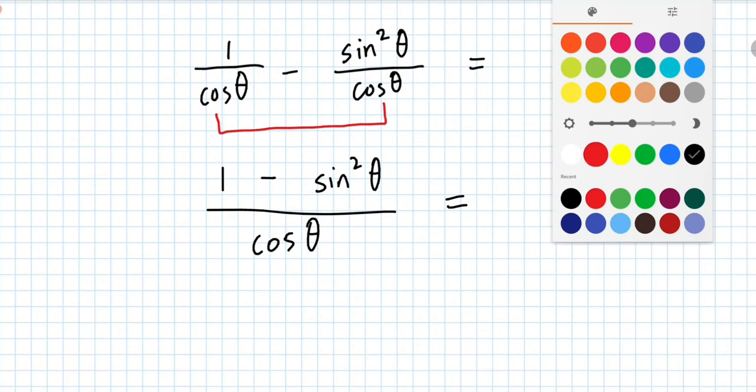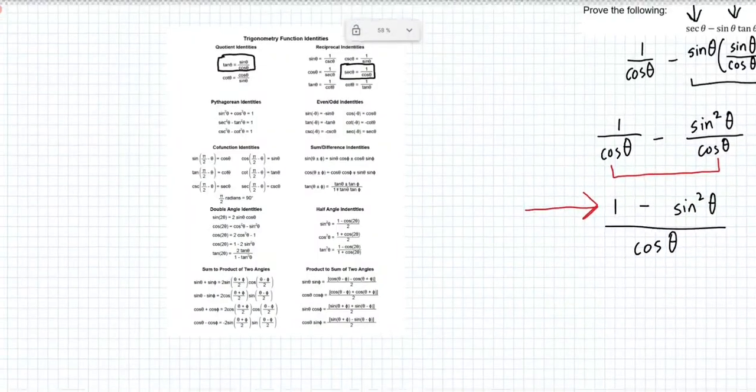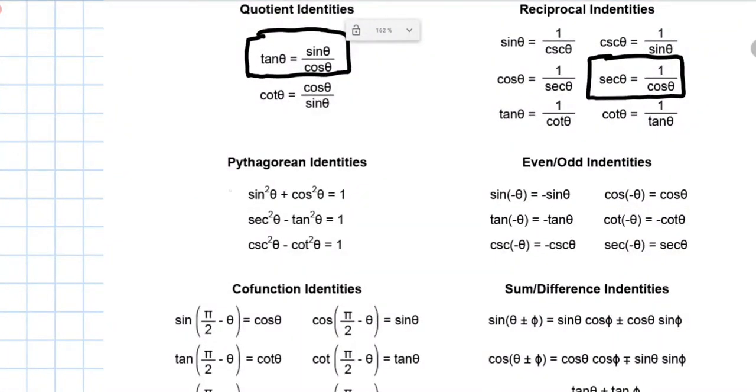Like I said in the other video, I don't expect you to know all of the trig identities. However, there should be a few that start to become more and more apparent. This is one of them, 1 minus sine squared theta. I'll show you why over on the identity sheet. This identity here can be written a few different ways, okay?